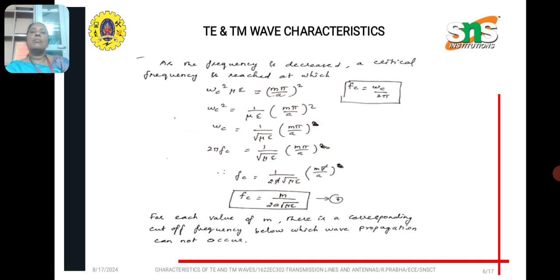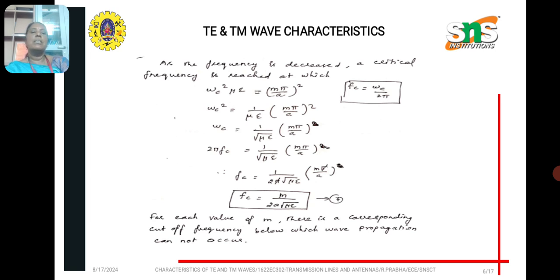So omega c squared is equal to 1 by mu epsilon into (m pi by a) the whole squared. Now omega c is obtained by taking the square root. So we get 1 by root mu epsilon times m pi by a, and this omega c is substituted as 2 pi fc. So 2 pi fc is equal to 1 by root of mu epsilon into m pi by a. By simplifying this, we get the final expression for cutoff frequency fc equal to m by 2a root of mu epsilon.